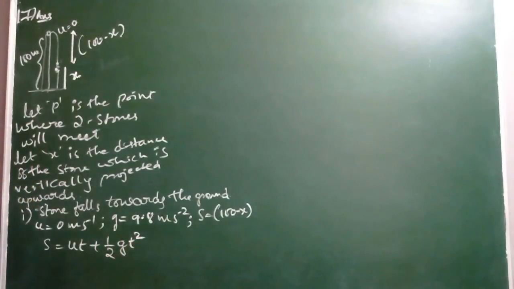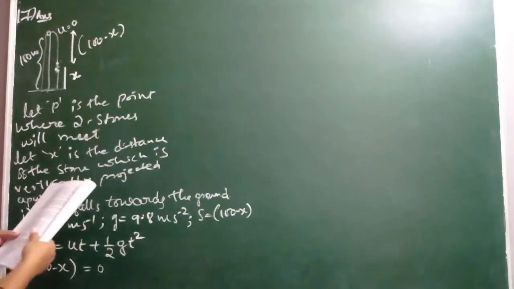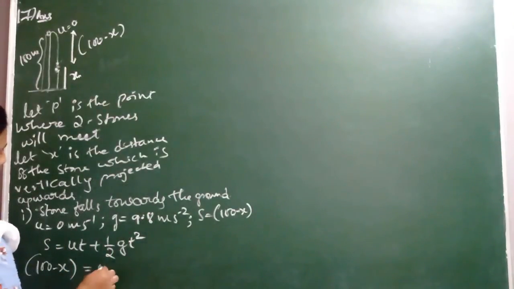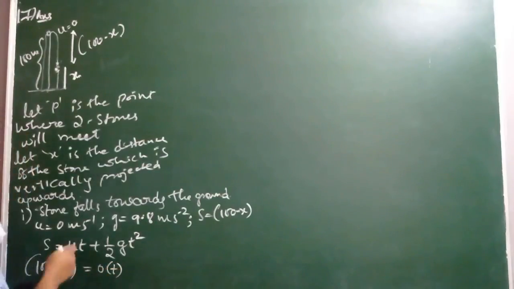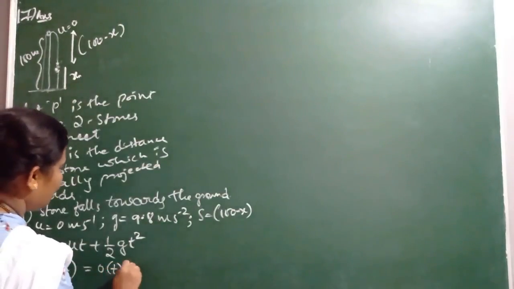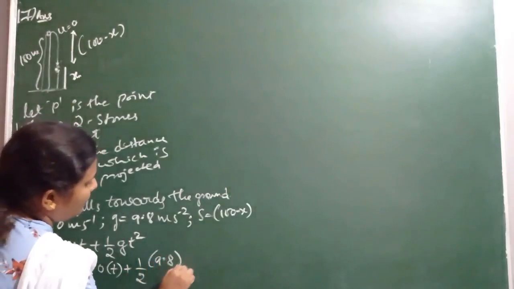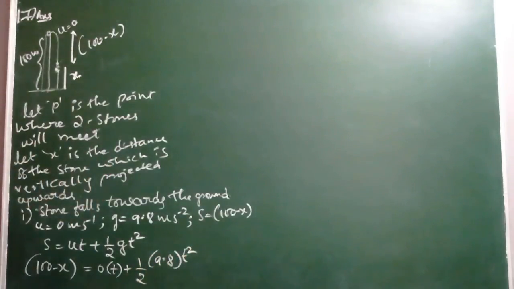Okay. Now, substitute the values, children. That is 100 minus x is equal to u, 0, into t. Yes. What is the time, children? Timing we have to calculate. So, let us take it as the same t only, plus half 9.8 t square. Isn't it, children?